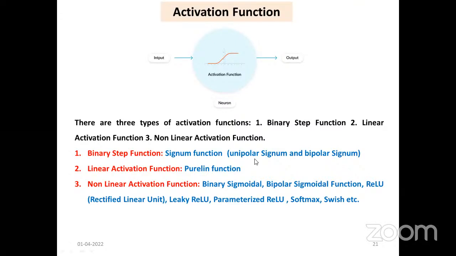These are binary step functions, linear activation functions, and nonlinear activation functions. As binary step functions, these are the signum activation functions: a unipolar signum, which can produce 0 and 1, and a bipolar signum, which can produce 1 and -1. With linear activation functions, we can have some continuous output, not a discrete 0 and 1 kind of thing. If we want a continuous output, then we can use a linear activation function. Here, one of the activation functions is the pure linear activation function. And then there are the nonlinear activation functions, which are prominently used in different neural networks.